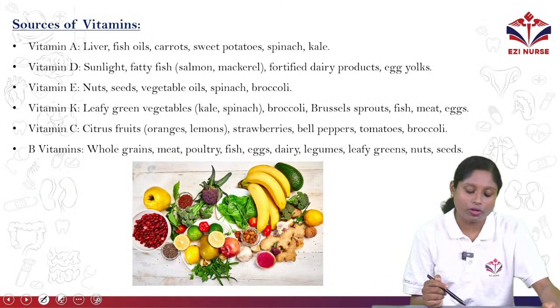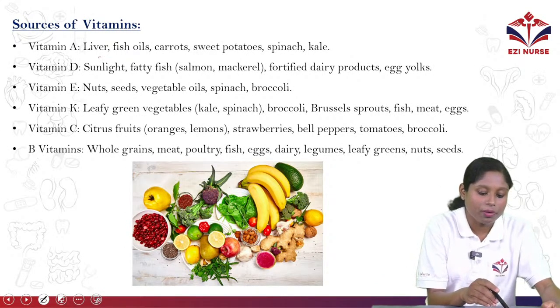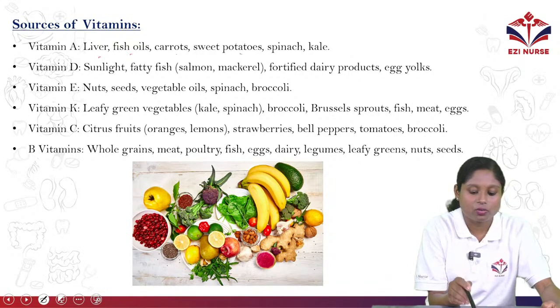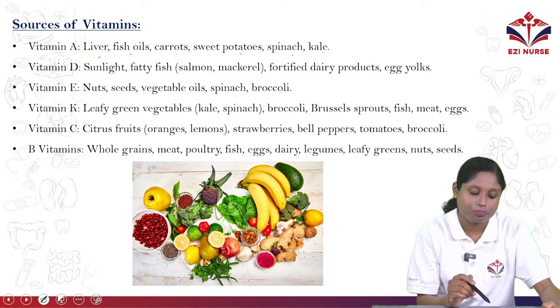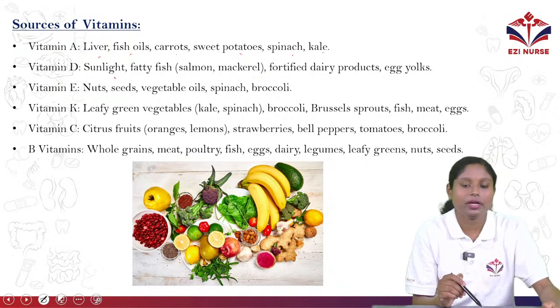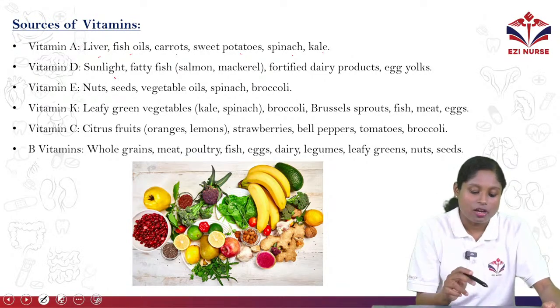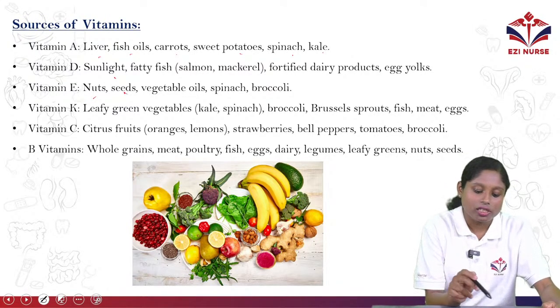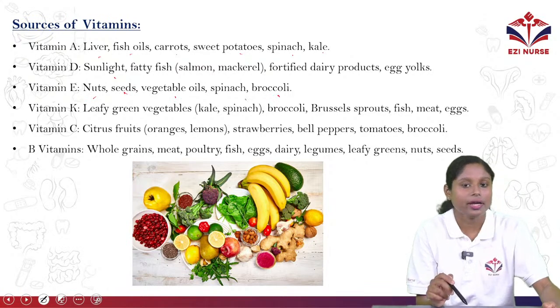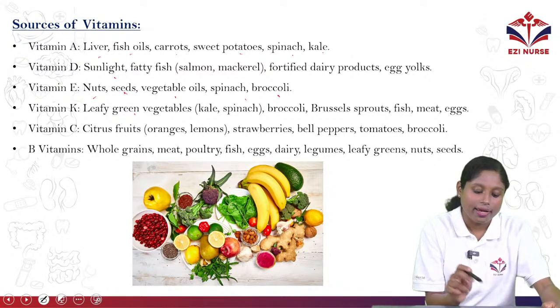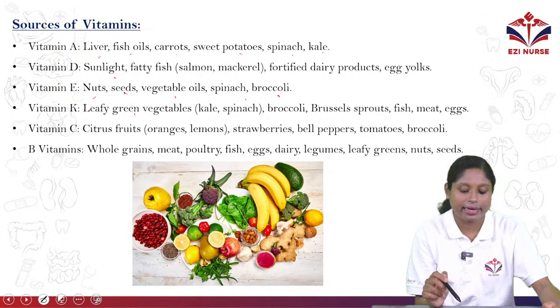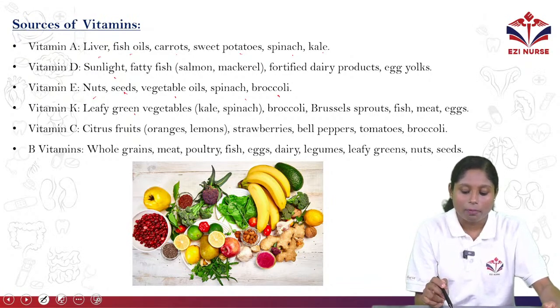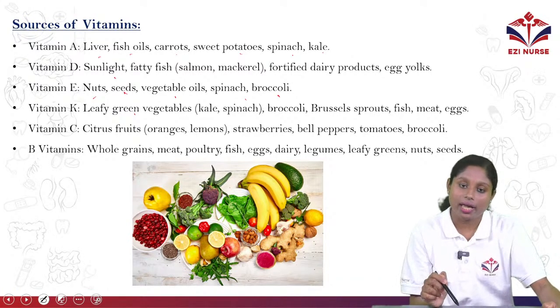Sources of vitamins. Vitamin A we will get from liver, fish oils, carrots, sweet potatoes, spinach and kale. Vitamin D: the main source is sunlight, fatty fish like salmon, mackerel, fortified dairy products, egg yolks. Vitamin E: nuts, seeds, vegetable oil, spinach and broccoli. Vitamin K: leafy green vegetables like kale and spinach, broccoli, Brussels sprout, fish, meat, egg.